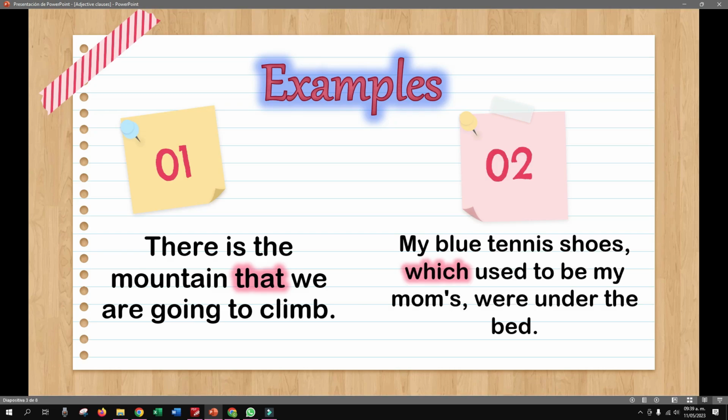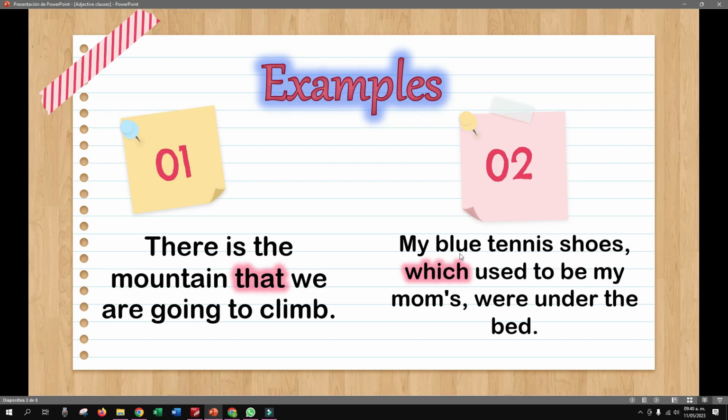Or my blue tennis shoes, which used to be my mom's, were under the bed. If you notice here, you have the relative clause or the adjective clause between commas, because you are adding information about the blue tennis shoes.